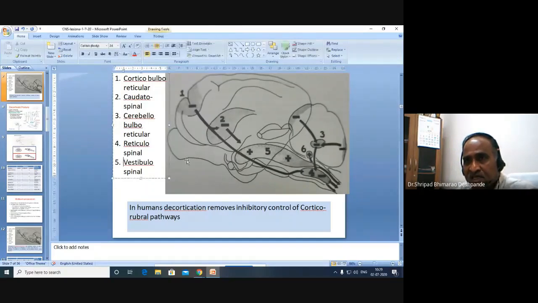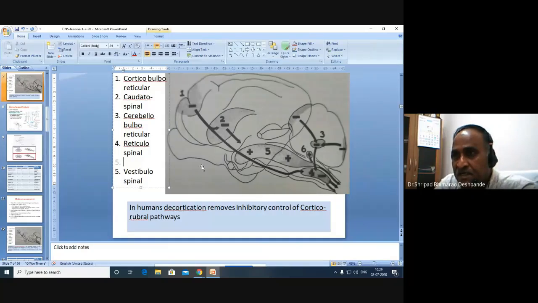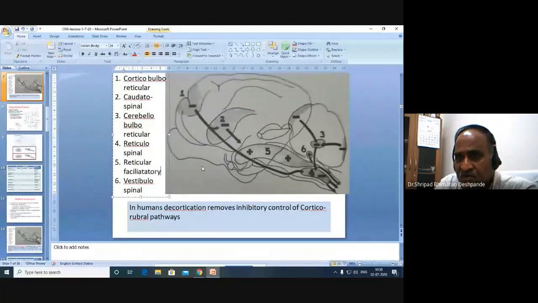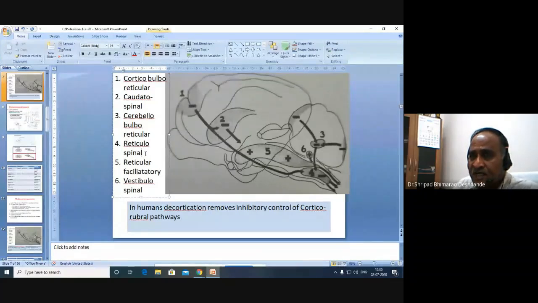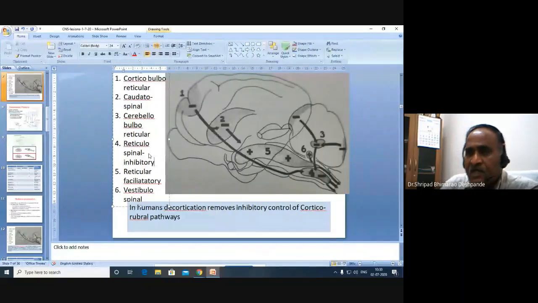Sorry about that, how I missed it, I don't understand. 5 is the reticular facilitatory. 4 is the reticulospinal inhibitory, and 6 is the vestibular system.